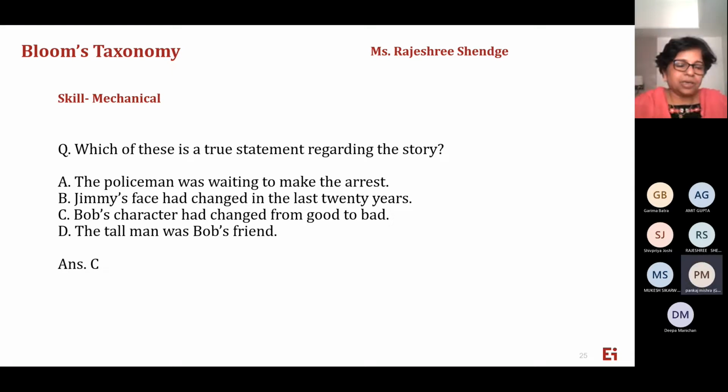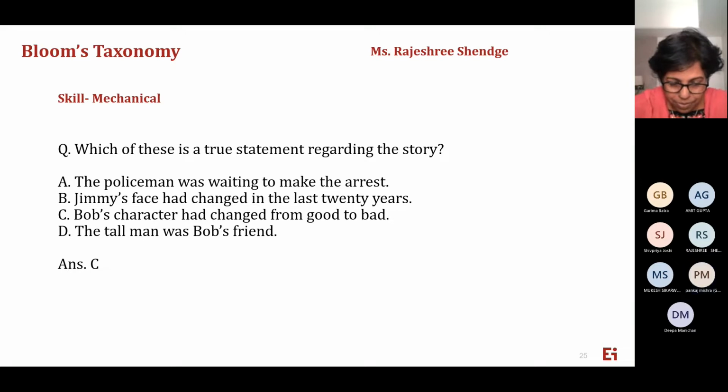Sure. So we are talking about a confusion of where does memory stop and understanding begin? Where does understanding stop and application begin? Right. So another metric to check is at which level does it stop.